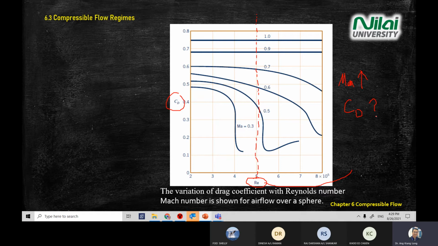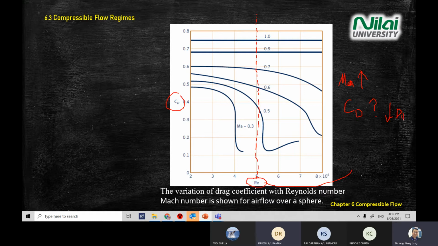Okay, let's check. Dinesh, are you there? Yes, sir. Okay, Dinesh, what happened to the CD if you increase the Mach number? Is the CD increasing or decreasing? Decreasing. CD decreasing.